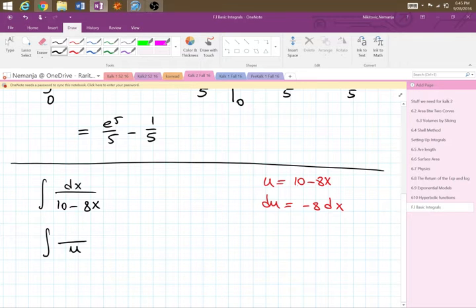And then you see that you only have a dx, so one of the possible ways to do this would be to say dx is equal to du over negative 8. And then plug that there, which would give us negative 1 over 8 in front of the integral, and then have du over u.